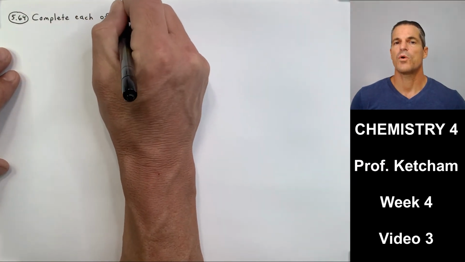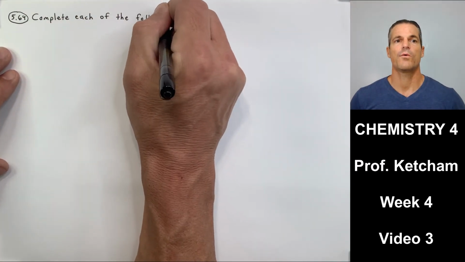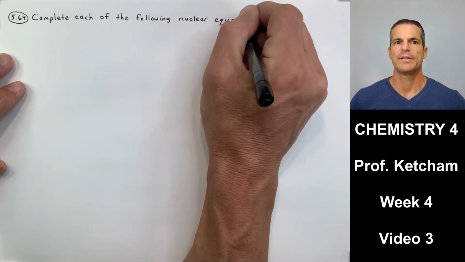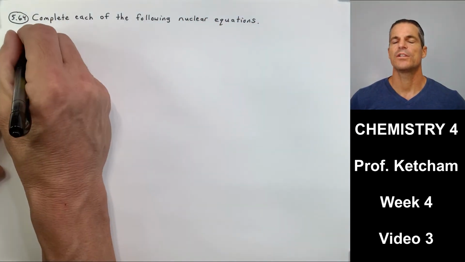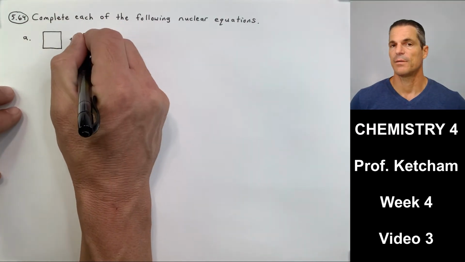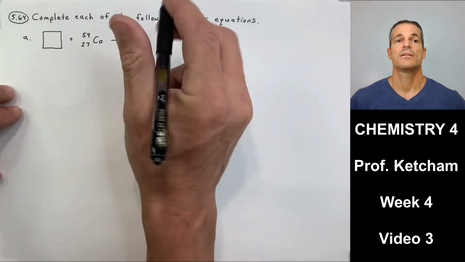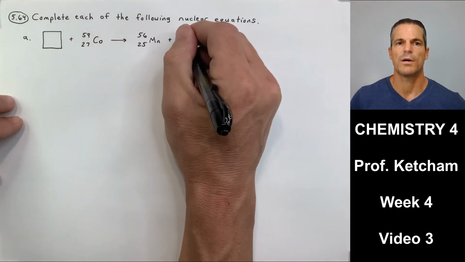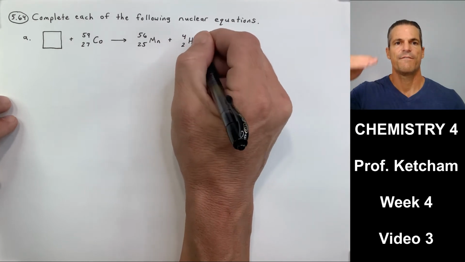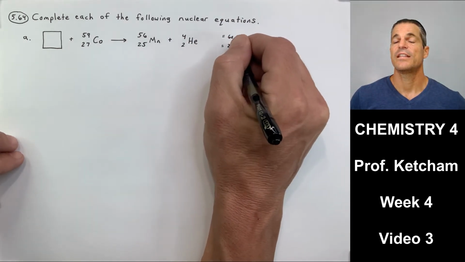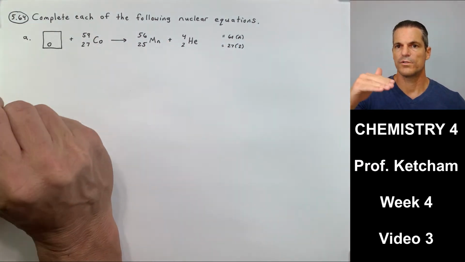All right. This is question number 64. It says, complete each of the following nuclear equations. A, we're going to fill something in there, in that box. Something plus cobalt-59 (59,27) yields manganese-56 (56,25) plus an alpha particle, which is the 4,2 helium.